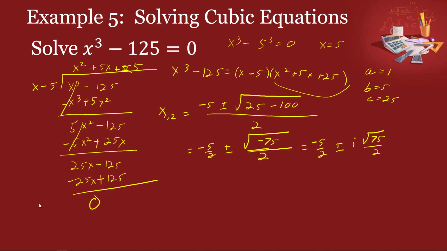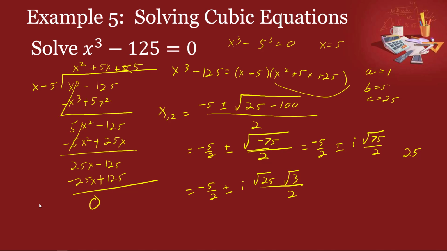And now, the highest factor of 75 that is a perfect square is 25. 25 times 3 is 75. So we can write this as negative 5 over 2 plus or minus i times the square root of 25 times the square root of 3 divided by 2.